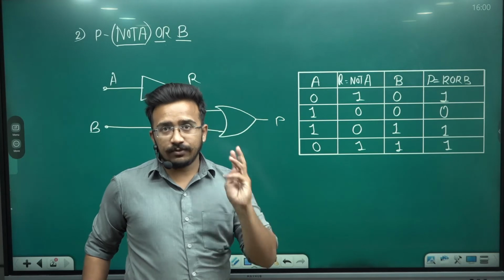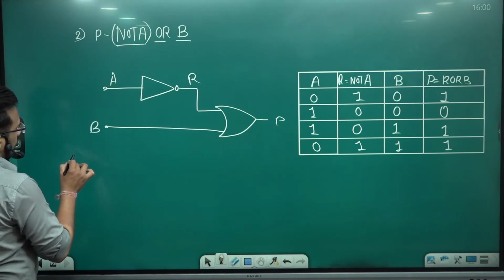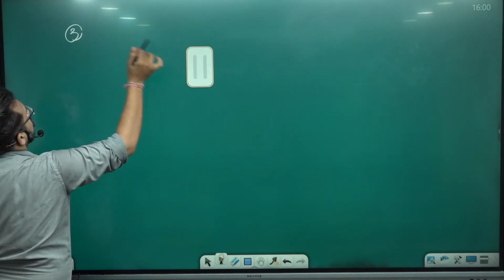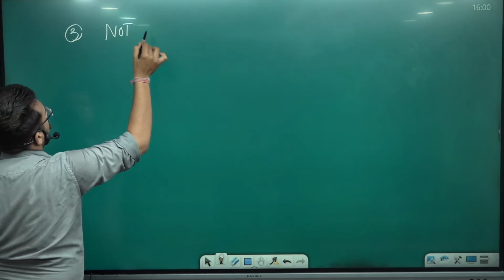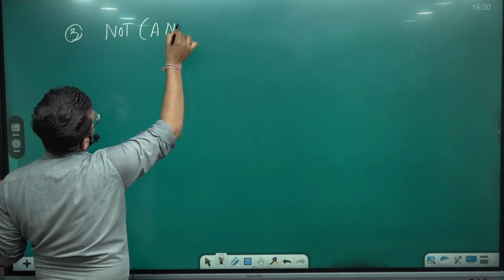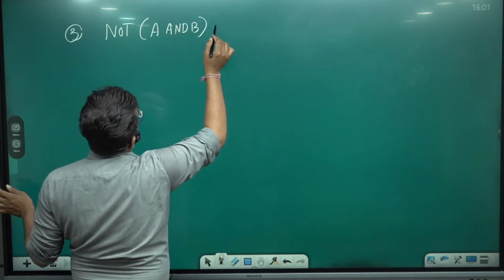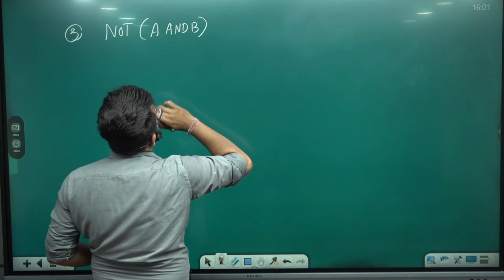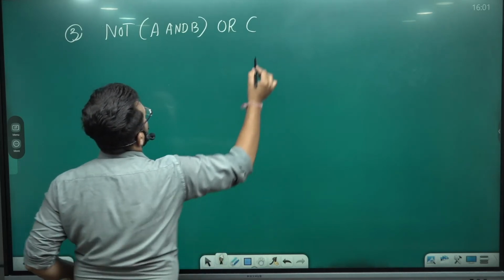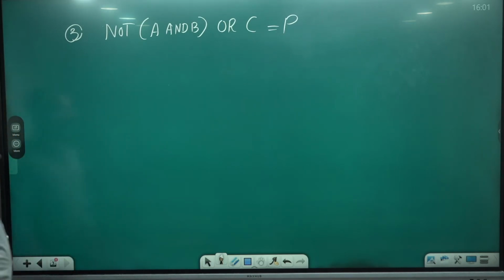Now this time we are going to have 3 gates at a time in a circuit. So try this one.